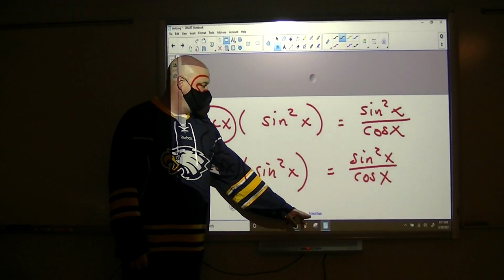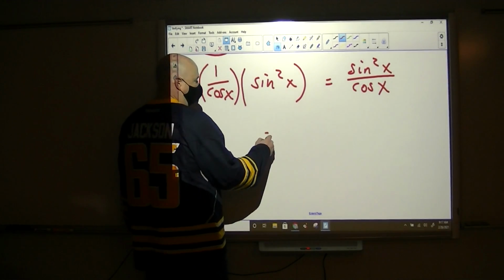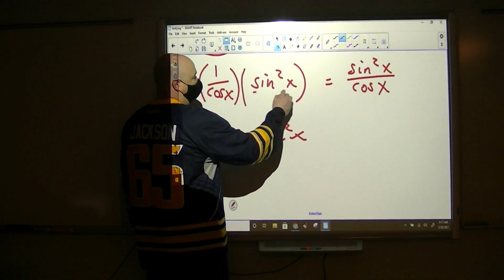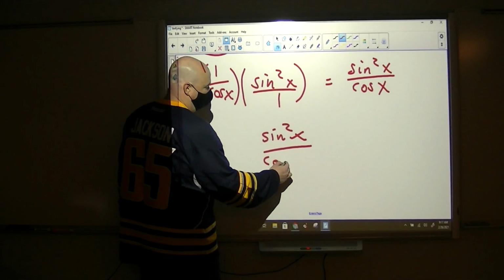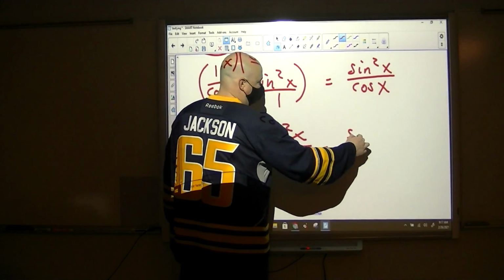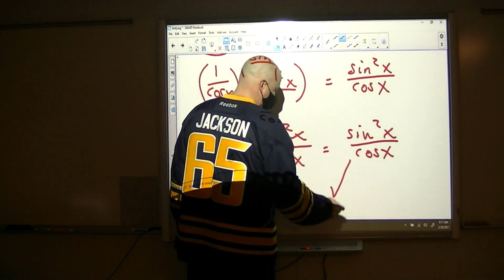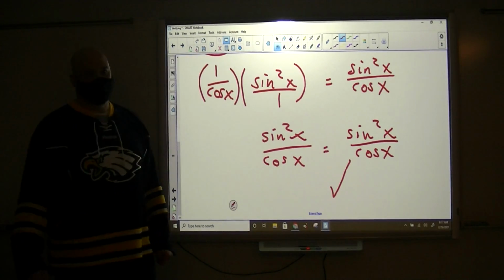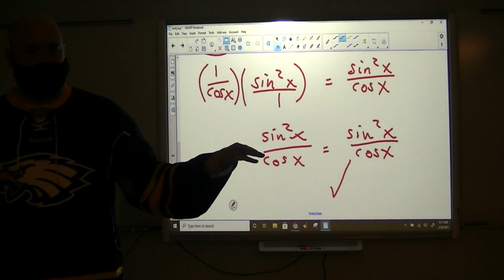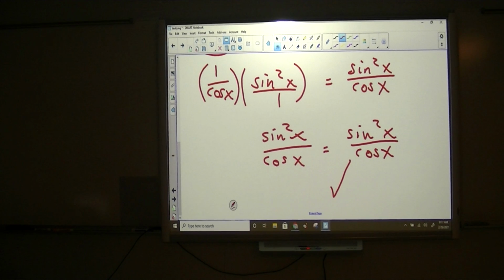When we multiply those together, we're going to get that sine squared, because that's over 1, sine squared on the top, cosine on the bottom, sine squared on the top, cosine on the bottom. I didn't have to do anything to the right side, just the left side. Check mark. Mic drop. Hopefully you're bored, because if you're bored, that means this is easy.